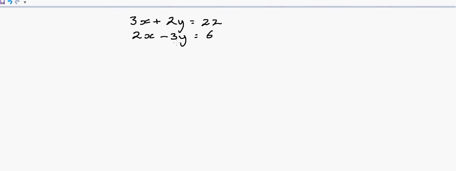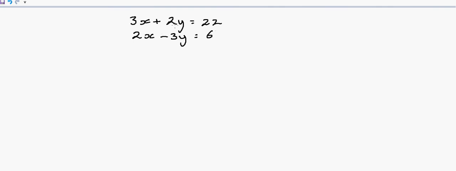Now I can't make 3y 2y, and I can't make 2y 3y. So I need a number that 2 and 3 both go into. So 2 and 3 both go into 6. So I'm going to make these 6y.